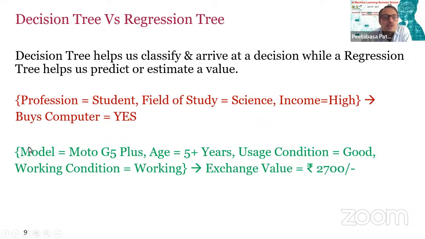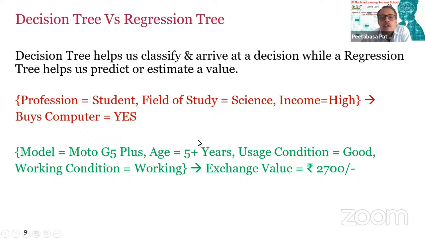Then we want to find out whether such an individual is likely to buy a computer, either yes or no. If the decision is buying a computer, yes, then that's a classification we are trying to arrive at, depending on these attributes like the profession, the field of study, and the income group.